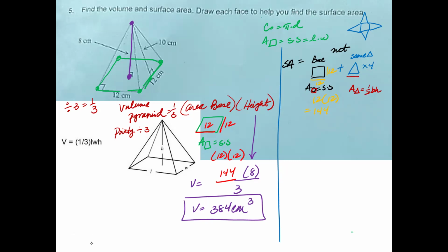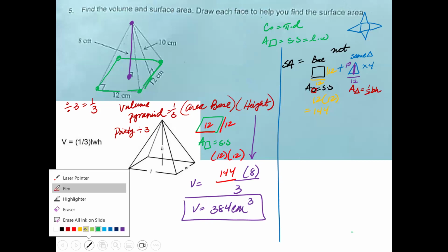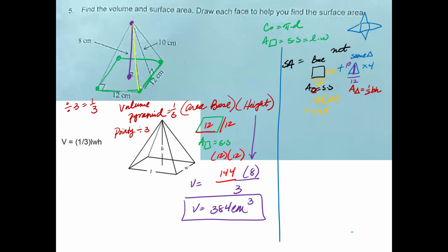So 1/2 base times height. What is your base here? What is your height? Good, because it's not the 8. The 8 is the actual height of the pyramid. If you look at this triangle right here, isn't it the same as the other 3 triangles?